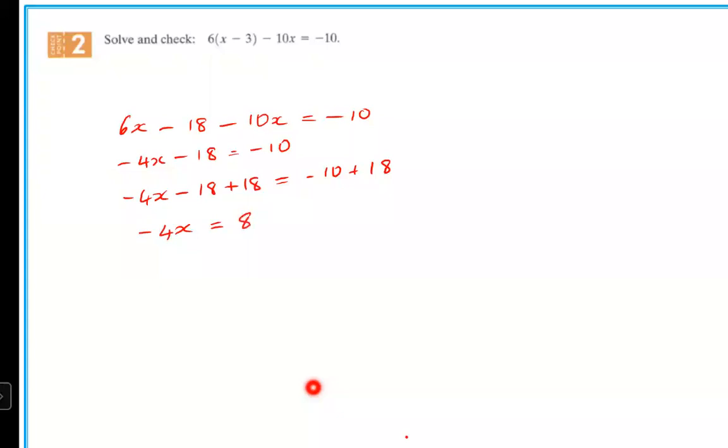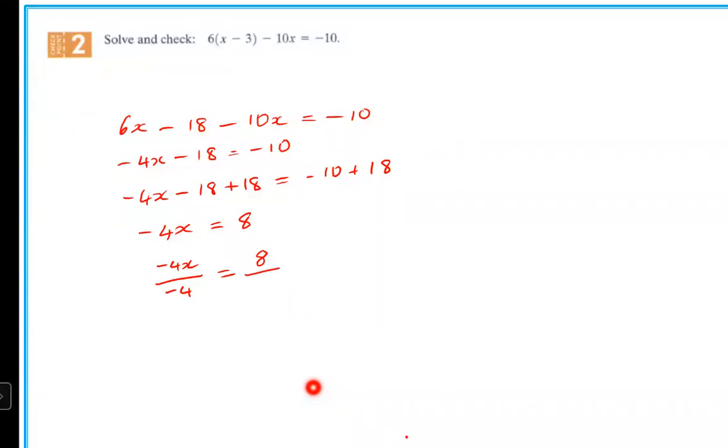Okay. And then after that, I will say -4x over -4 is equal to 8 over, is it 4?